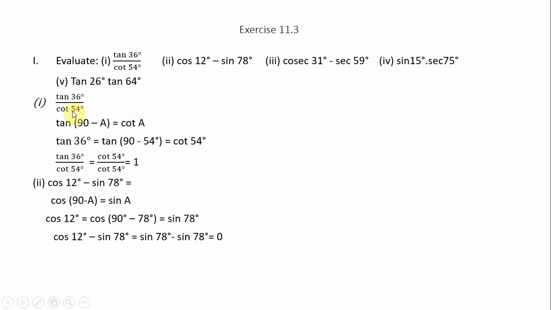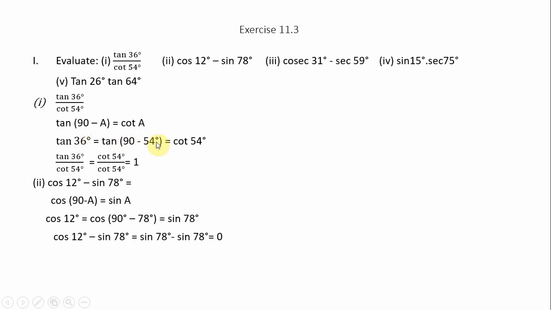If you convert the denominator, cot is being converted, so it becomes tan. And if tan is being converted, it becomes cot, right? So I have taken the numerator. Now, tan 36 degrees is equal to tan, don't change, the tan is there. So write tan only. 90 only, but what will you subtract from 90 to get 36?